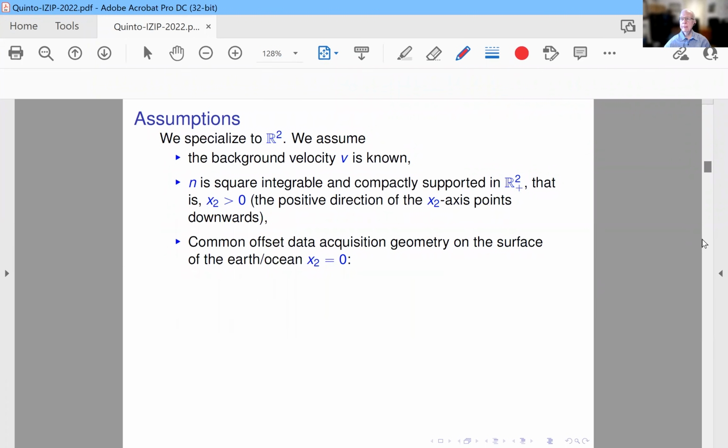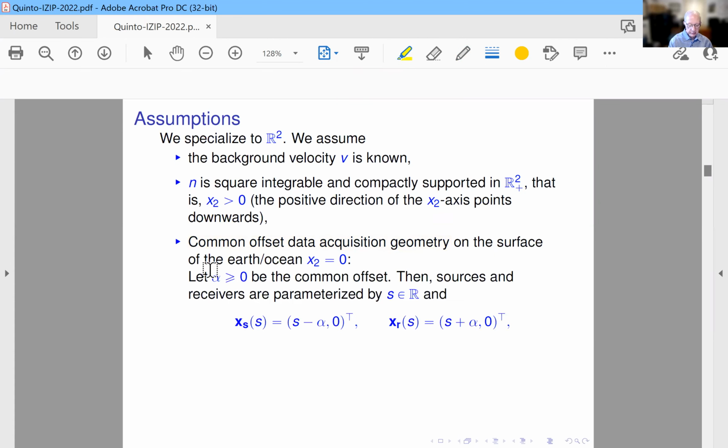Okay, now we consider a standard geometry called common offset. What this geometry is: we choose an offset, a positive number alpha, and we take the source at s minus alpha, 0, and the receiver at s plus alpha, 0, and parameterize it by s.